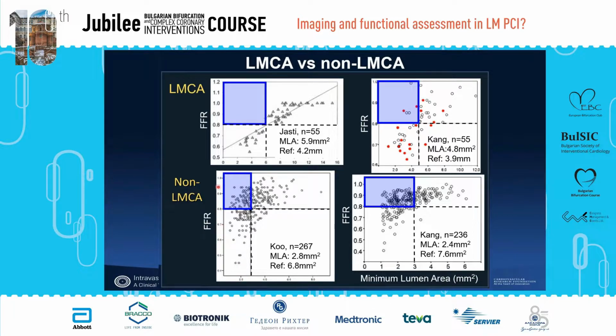For example, this portion has small MLA, but FFR is negative, such as in a very distal region or small vessel, because the myocardial burden in such a segment is not much, and many times there is no ischemia. But in the left main, this discordance is very small because the myocardial burden distal to the left main is very homogeneous and enough for everybody. Therefore, we have much less discordance in this segment compared to the non-left main region.